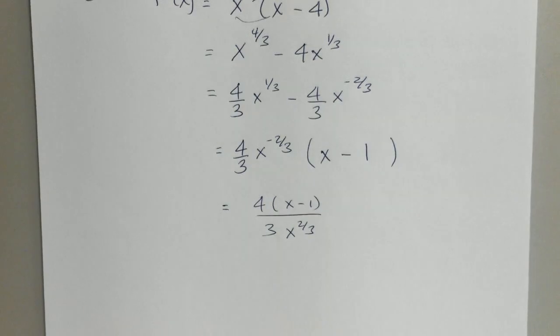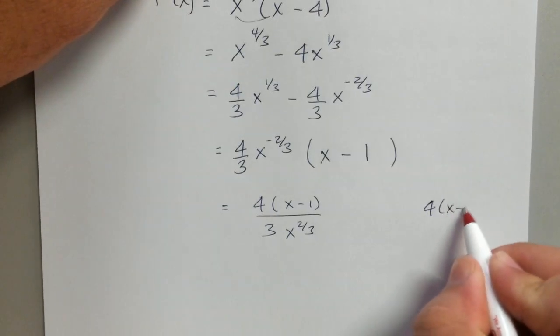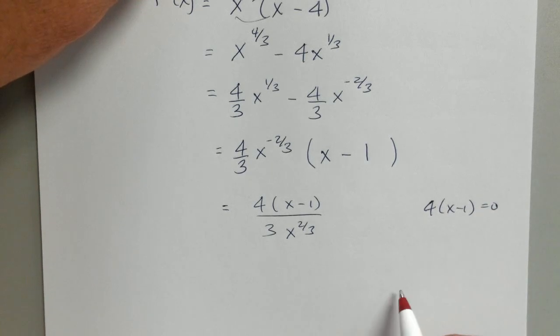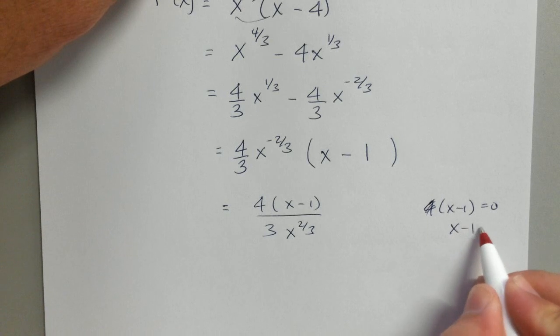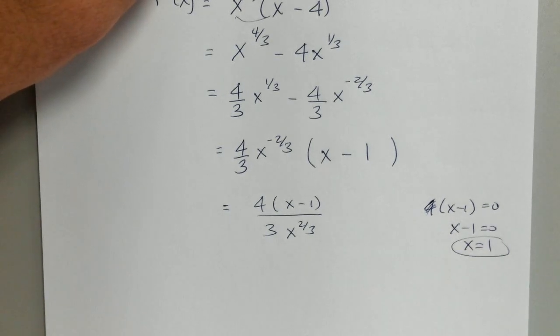What are our critical values? Where is the only way a fraction can equal 0? If the numerator is 0. So all you have to do is set the top equal to 0. The constant doesn't matter. So x minus 1 equals 0 gives us x equals 1. That's one of our critical values.